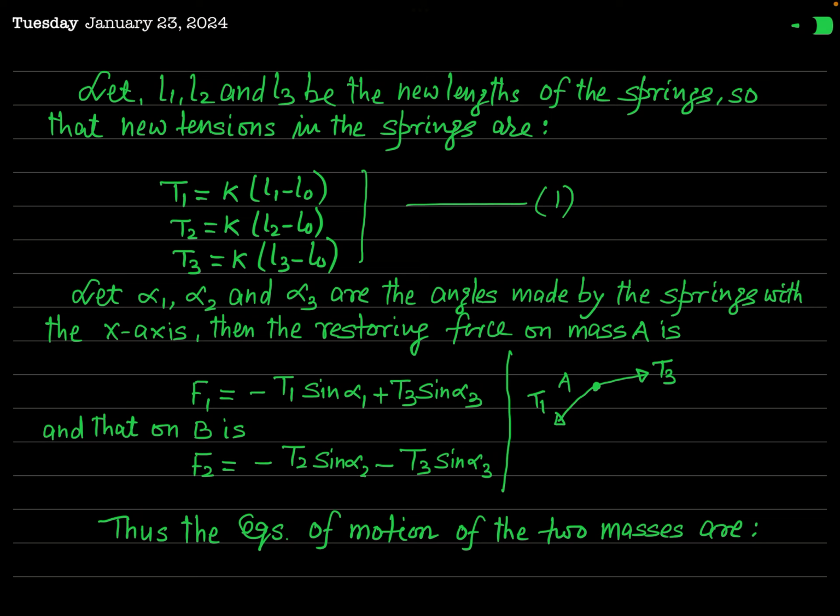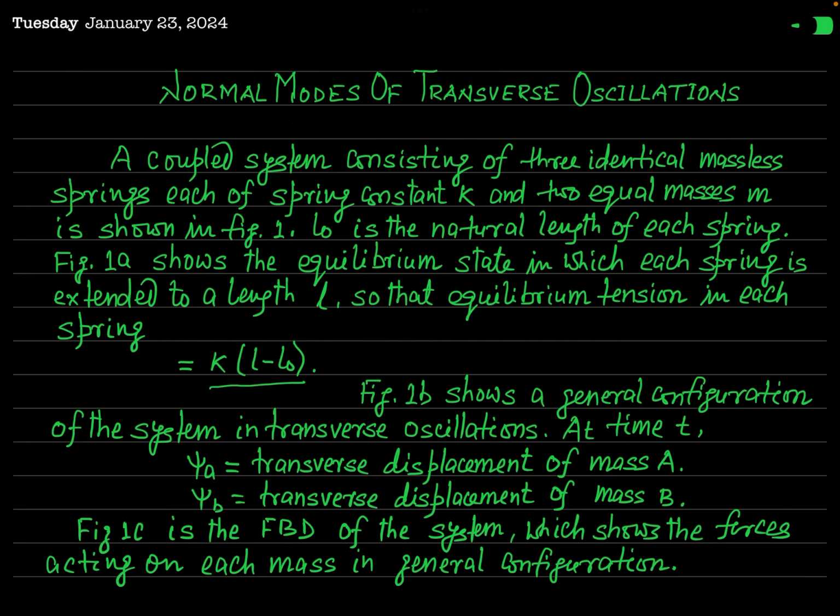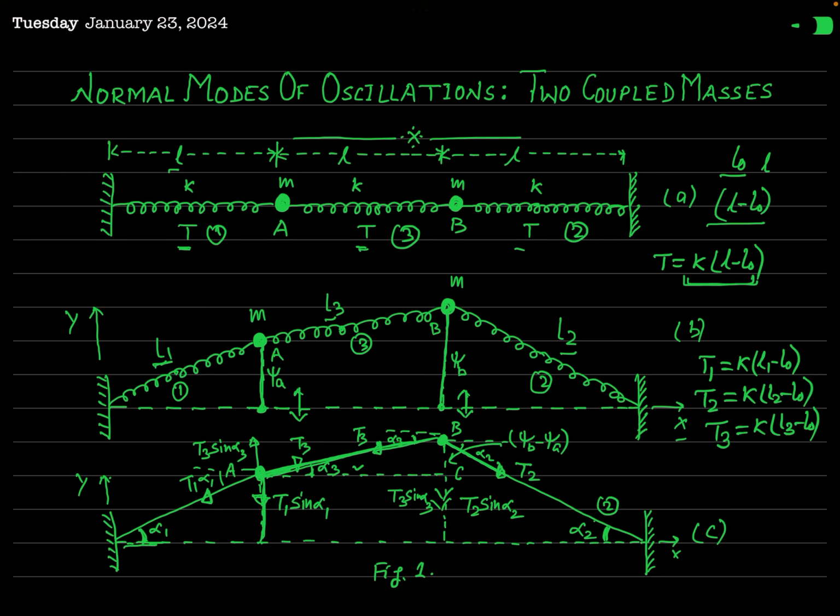And if you resolve these forces into their components, you can see this figure. Since this angle is alpha 1, if you draw a horizontal line from here, this angle will also be alpha 1 from geometry.